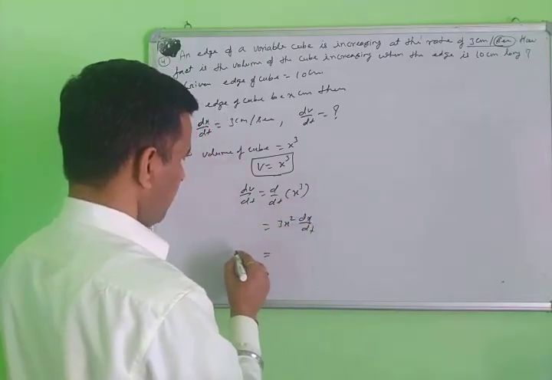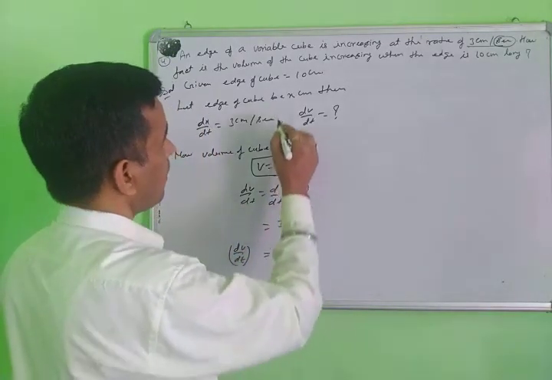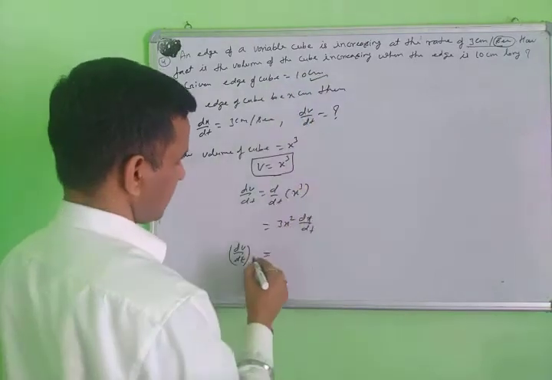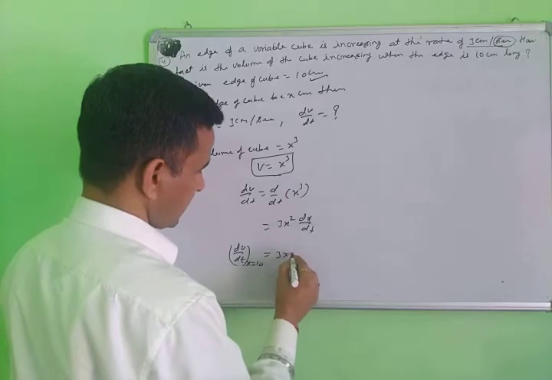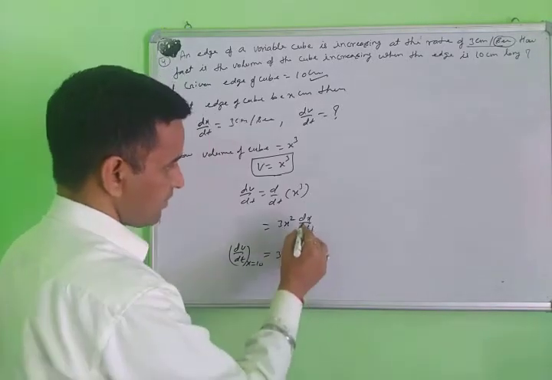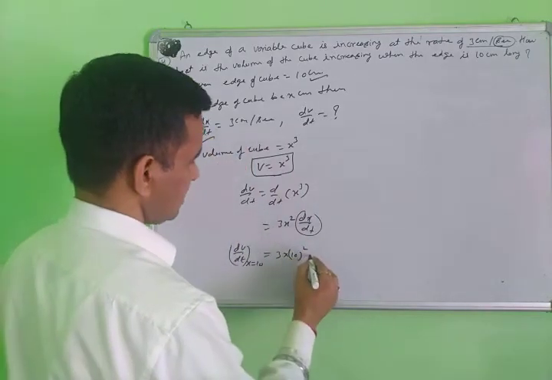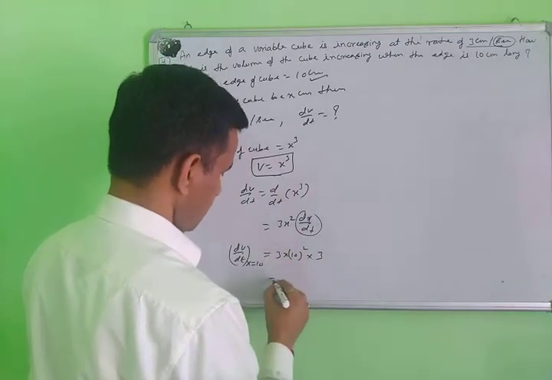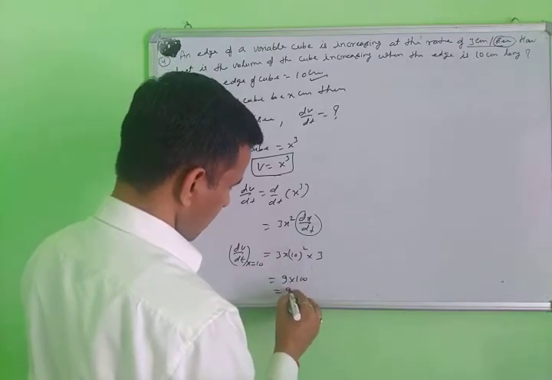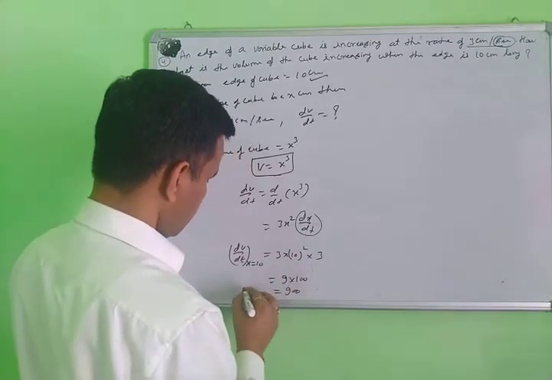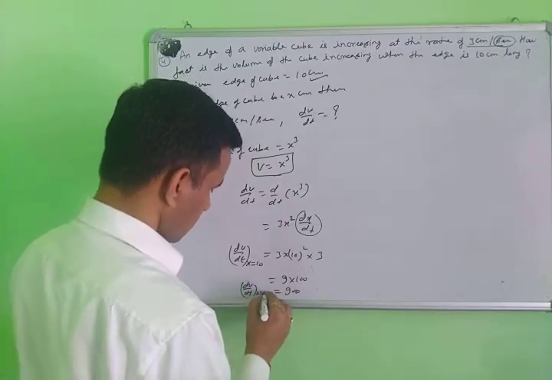Now dV over dt at the edge of 10 centimeters, at x equal to 10, the value of 10 square and the value of dx over dt, which is 3 centimeters, are given. So 3 times 3 is 9, 10 times 10 is 100, which means 900 dV over dt at x equal to 10.